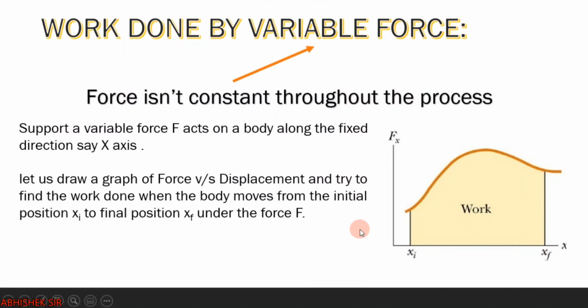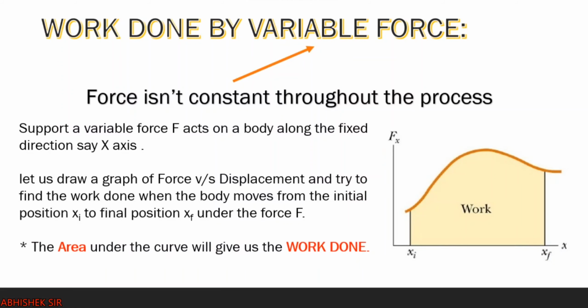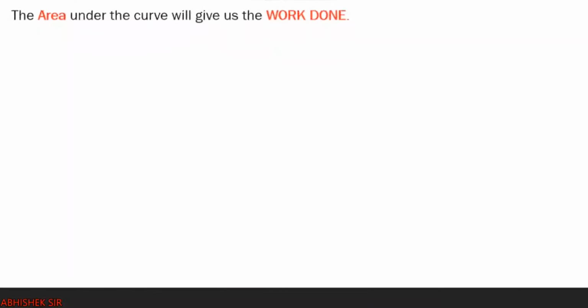So what is the displacement from here to here? Now what will be our work done? The area under the curve will give us the work done. Remember, the shaded portion is the area, and if you find that area, you will get the total work done. Now the next question arises: if the area under the curve gives us the work done, how do we calculate the area if the shape is irregular?